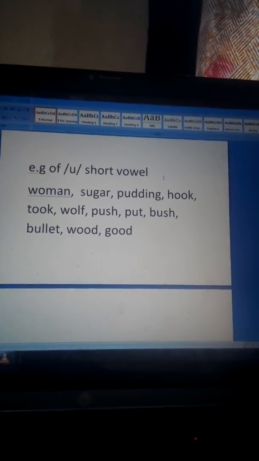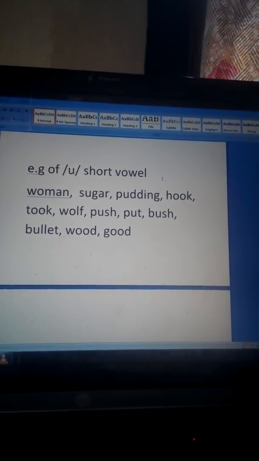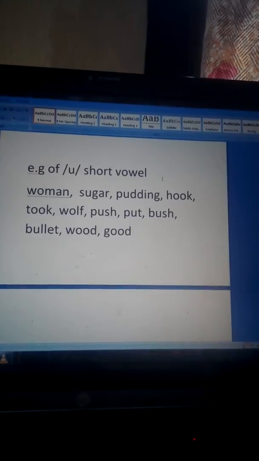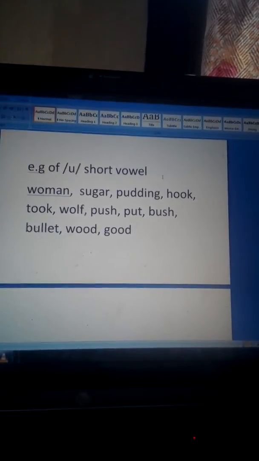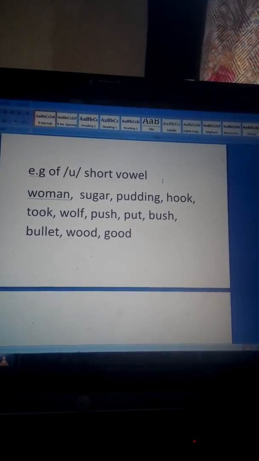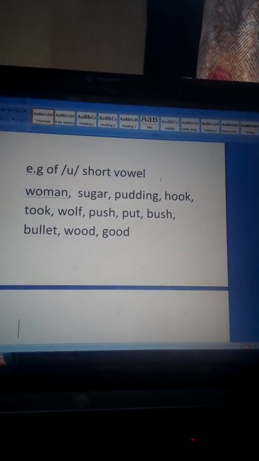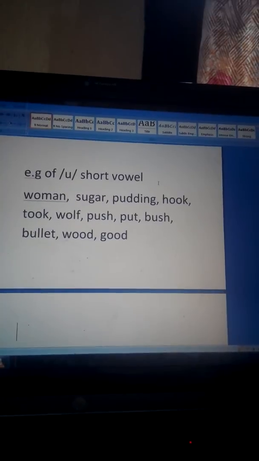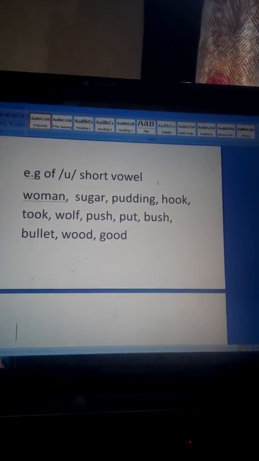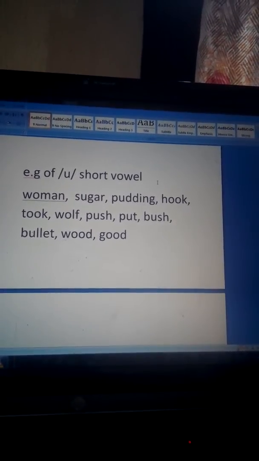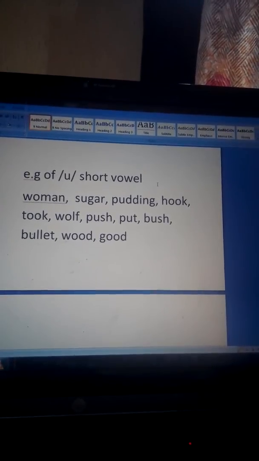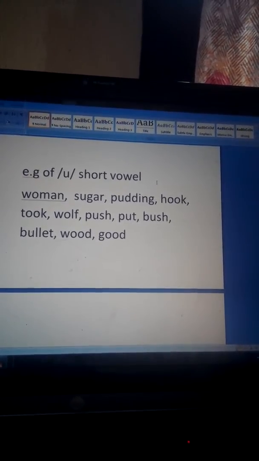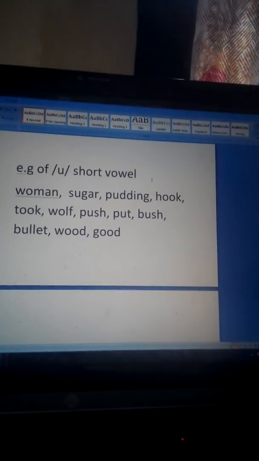Pudding, hook, took, wolf, push, put, bush, bullet, wood, good. So you see, these are the ways to pronounce these words. It's not good, it's good. Good morning, not goood morning, good morning.